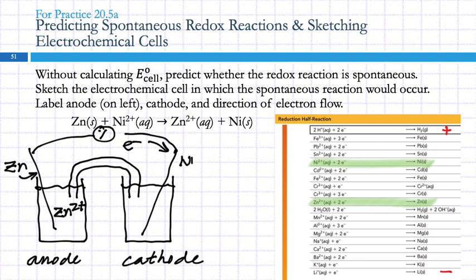Over here, this is the nickel electrode and the nickel ions in solution. And sometimes you might have to actually write salt bridge. Any questions? So this is going to give us a positive voltage here. It's spontaneous.